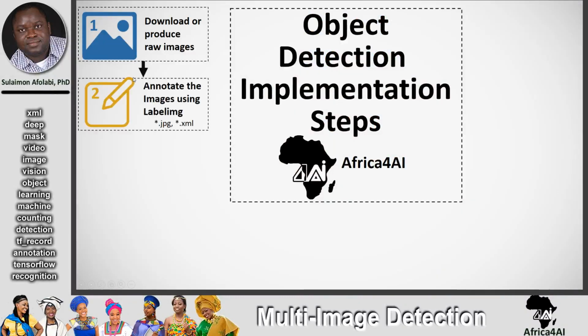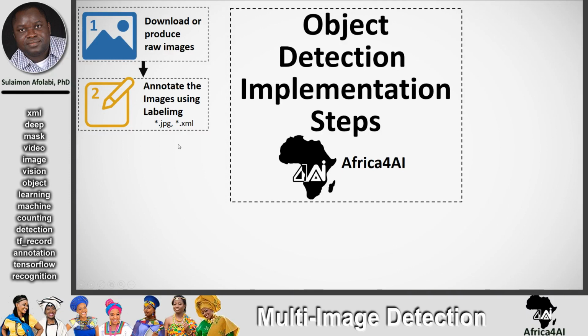All right, so the next step is to annotate the images using Label IMG. So this is where you will spend a lot of work. So that's why I've shared some images that you can use for practicing. But you can also collect your images, but when you are done, you need to get them annotated, and there's a software that you can use. It's called Label IMG.